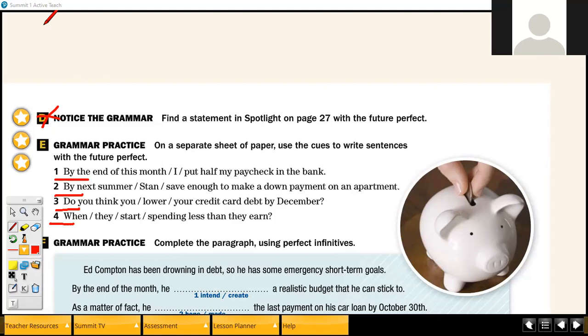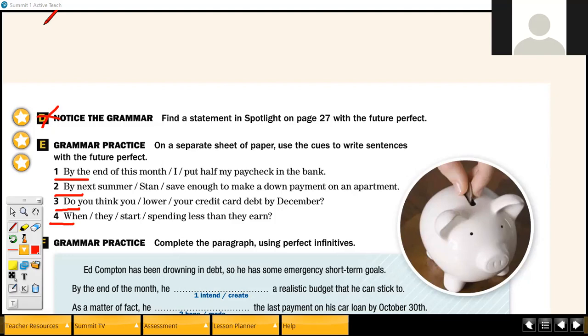Teacher, tengo una duda. Oiga, teacher, no me acuerdo cómo se dice lower. Lower es bajar o hacer más pequeño.